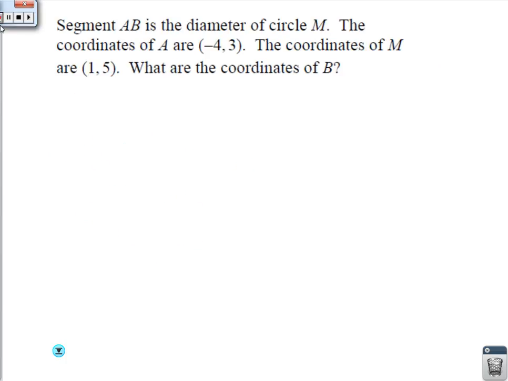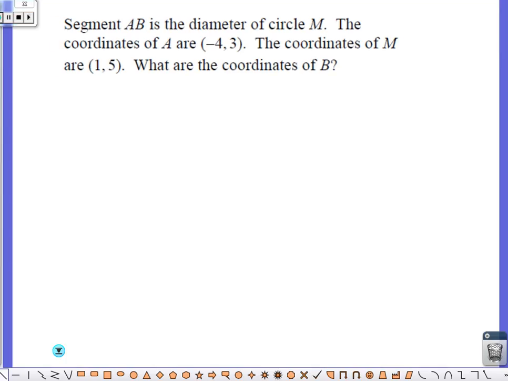Segment AB is the diameter of the circle. The coordinates of A are negative 4, 3. The coordinates of M are 1, 5. M is the center of the circle, right? So if you have a diameter, let's talk about that.